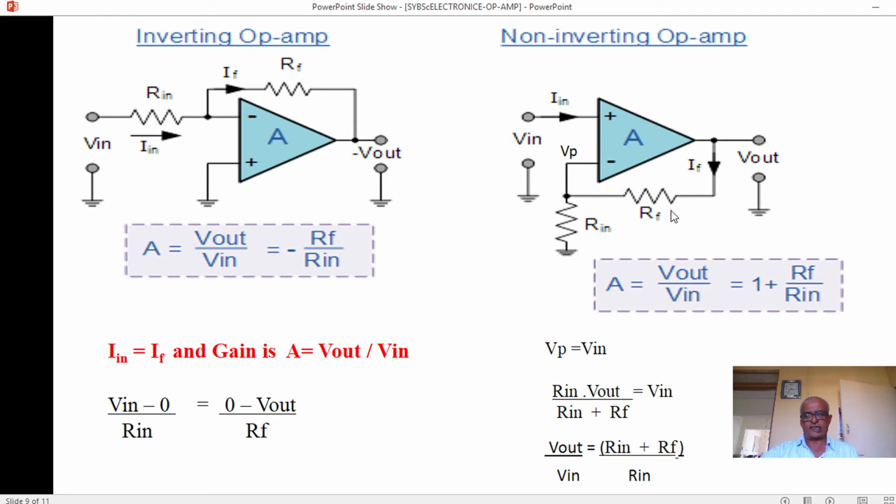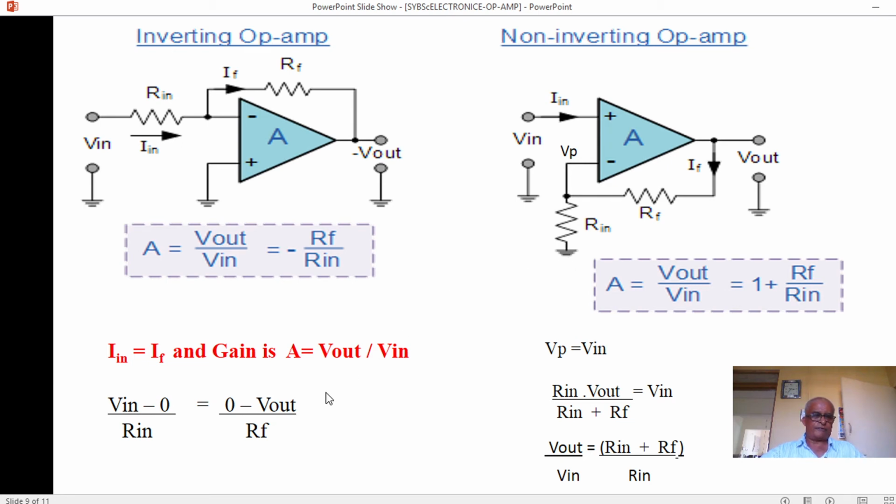In both cases, the feedback resistance RF is connected between the inverting terminal and output, as shown here. Feedback resistance RF is connected between output and input, while the series resistance is connected to the inverting terminal. In inverting op-amp, input is connected to the resistance, but in the non-inverting case, this resistance is grounded.